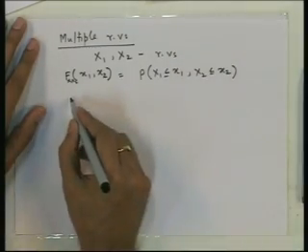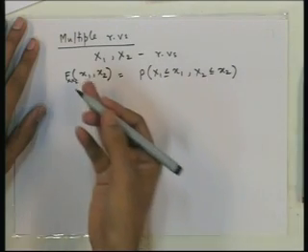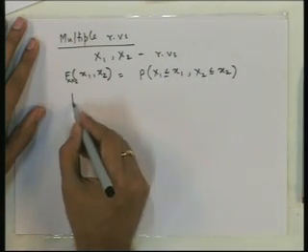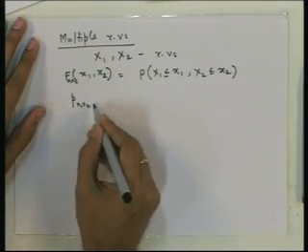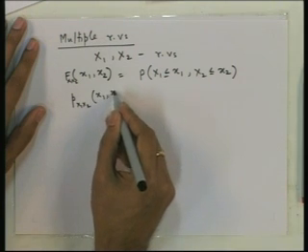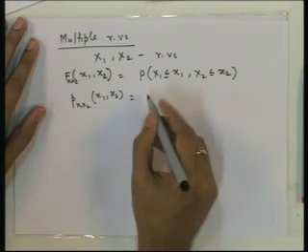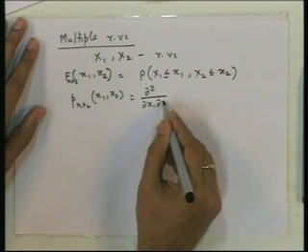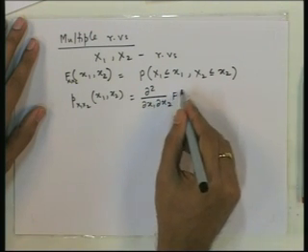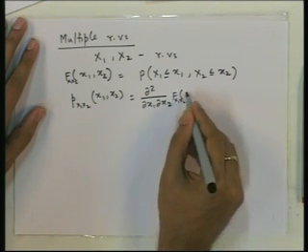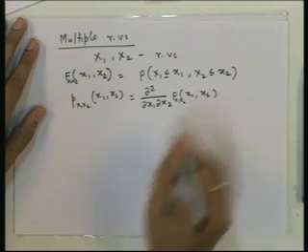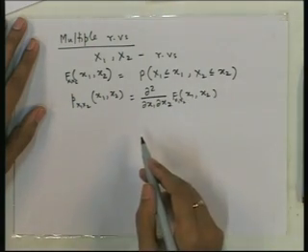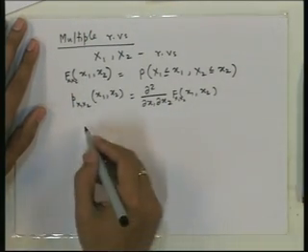So, we can now differentiate it with respect to these two variables and get the density function p(x1, x2), which is del square by del x1 del x2 of F_X1X2(x1, x2).